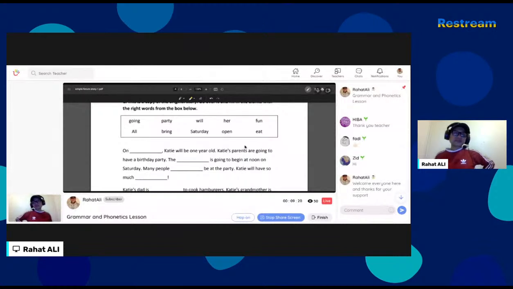Then the dash is going to begin at noon Saturday. The party. Saturday we have used. Okay, many people will be at the party.